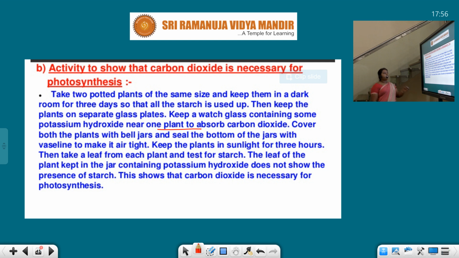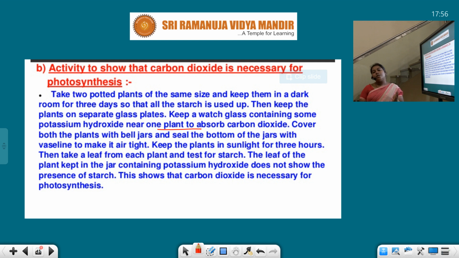The leaf of the plant kept in the jar containing potassium hydroxide does not show the presence of starch. This shows that carbon dioxide is necessary for photosynthesis. When we test the leaf with the iodine test, we pour the iodine solution on the leaf surface. If it turns blue, it indicates the presence of starch.